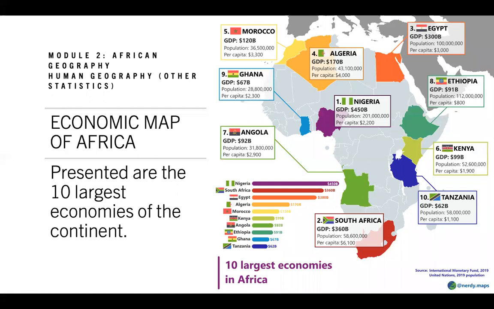However, despite that, on the rise ang maraming African states, especially in terms of their economy. And here we are looking into the map of the 10 largest economies in Africa. So the country with the largest economy in Africa is Nigeria with an economy worth $450 billion.